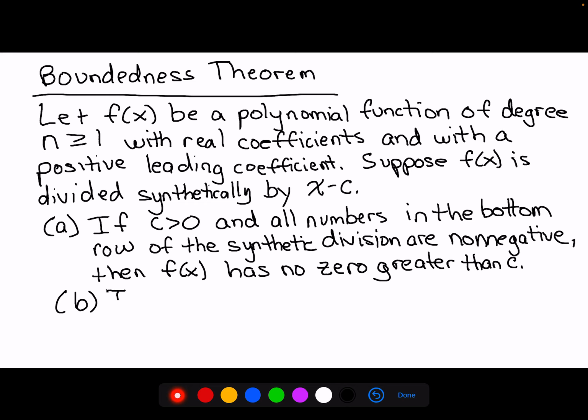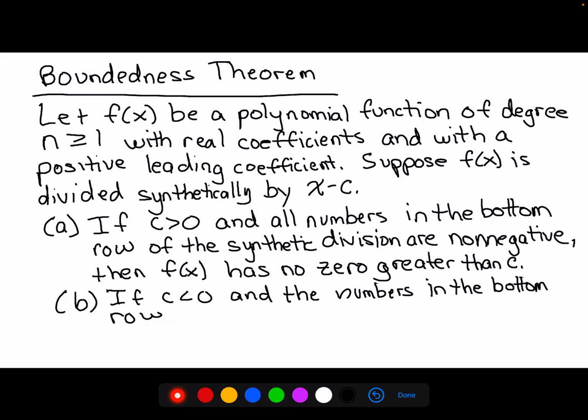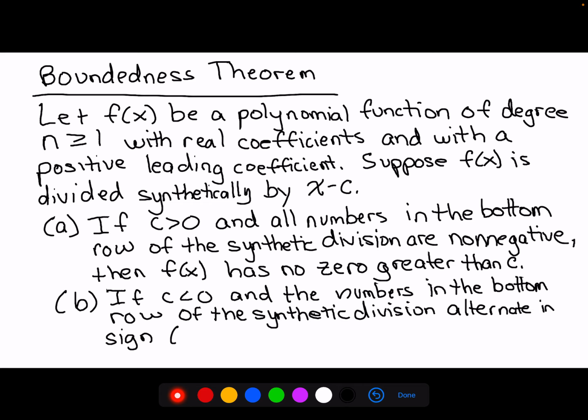All right, if c is less than 0, and the numbers in the bottom row of the synthetic division alternate in sign, with 0, positive or negative as needed.